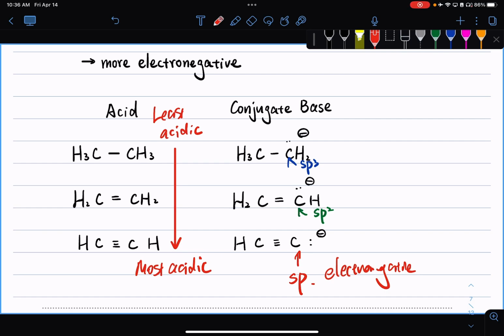But you can count the number of electronegative groups. For example, more fluorine atoms would have more inductive effects to stabilize your conjugate base. The third one, hybridization. So sp is more stabilizing for your conjugate base compared to sp3 because of the larger s character.